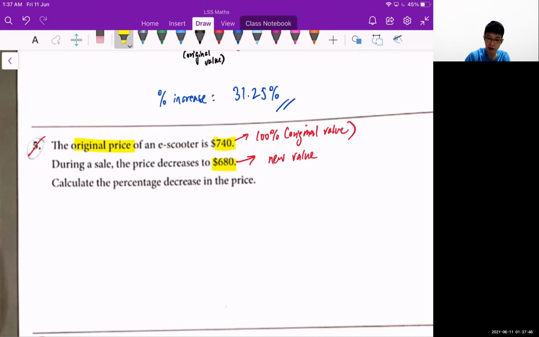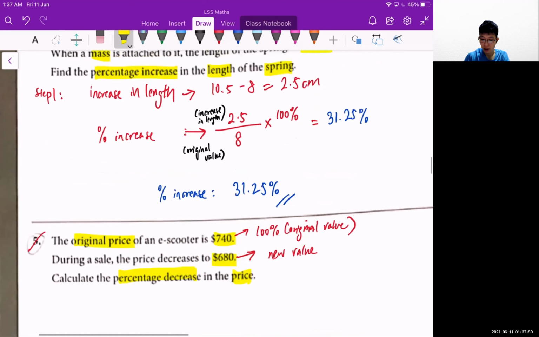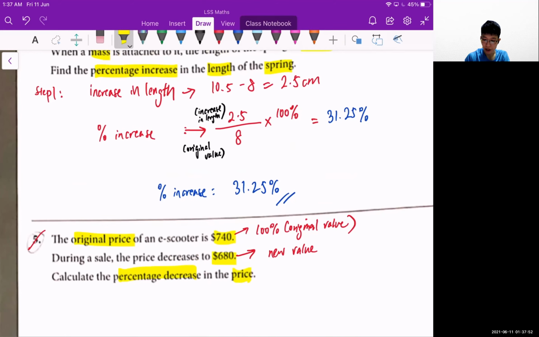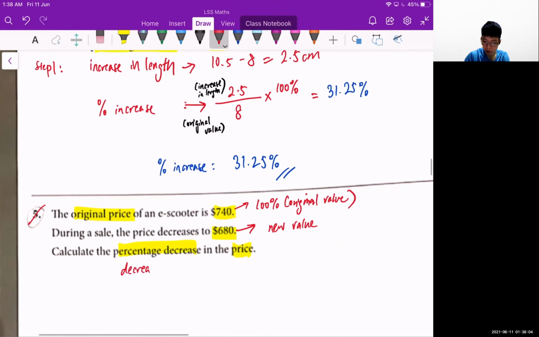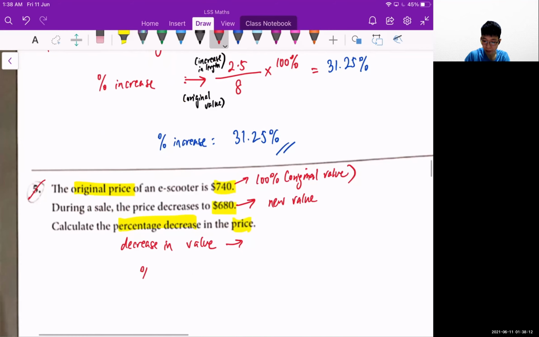So you are asked to find out what is the percentage decrease. Same thing as well. First, you need to find what is the decrease in price, which is the decrease in value. So you need to find out yourself. After that, apply the formula to find the percentage decrease.